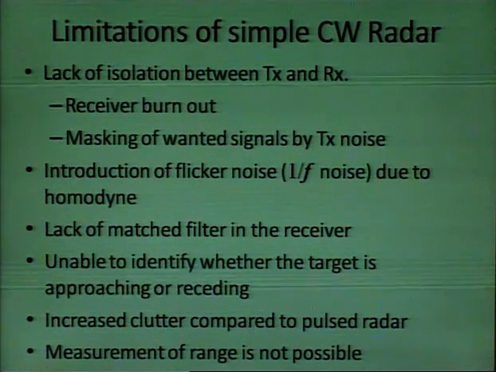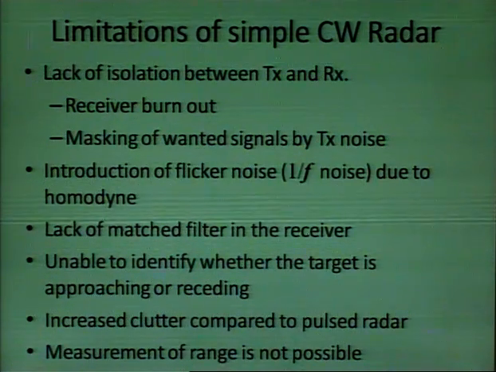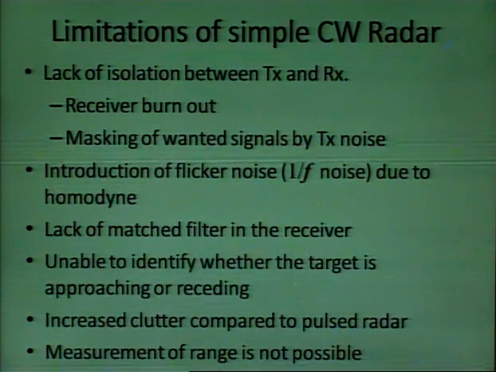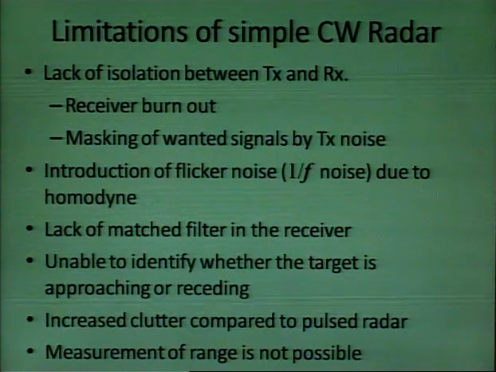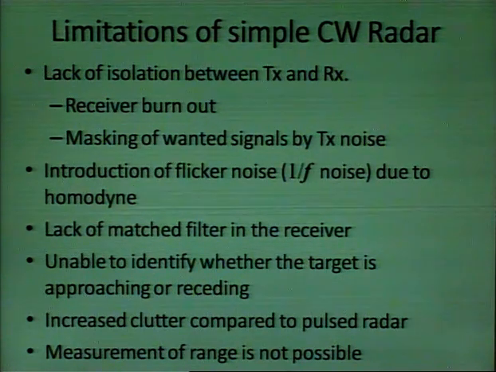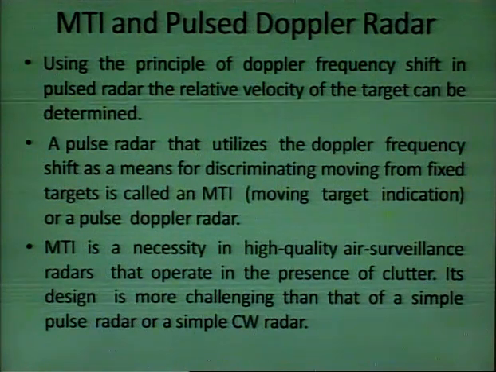It cannot tell whether the target is coming towards the radar or going away from the radar. There is increased clutter; clutter means noise, and pulse radar has less noise compared to CW. Measurement of range is not possible by CW because there is no pulse, there is no marking, the signal is transmitted continuously. So, it is for speed measurement only; the distance cannot be measured.